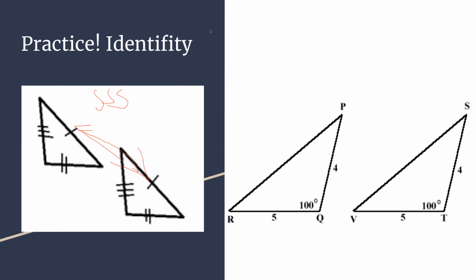And we take a look at the second one. We know that this angle, the bottom left angle, is 100 degrees, and this is also 100 degrees. And the two sides that sandwich this angle are 4 and 5, like this. So the two triangles are the same.